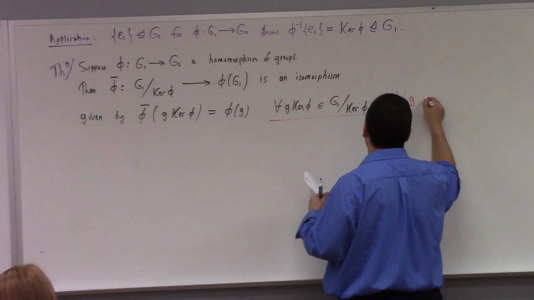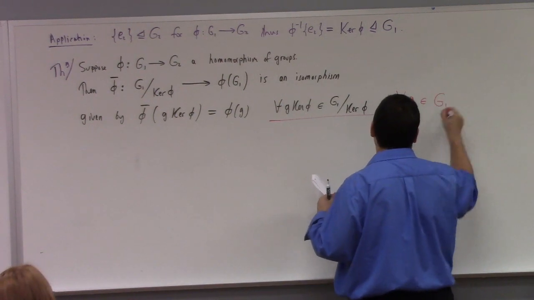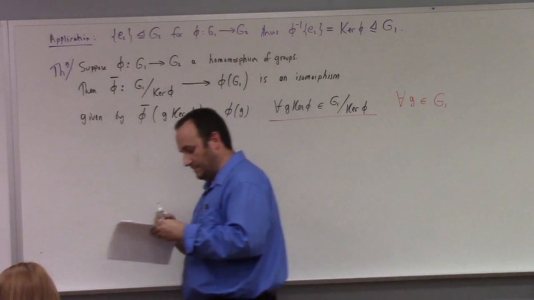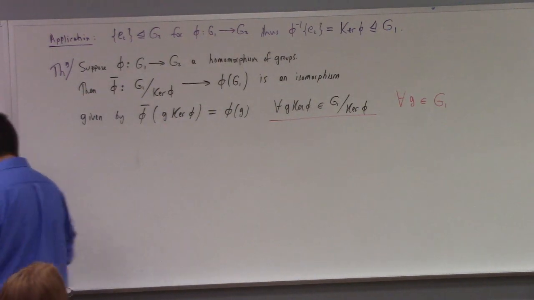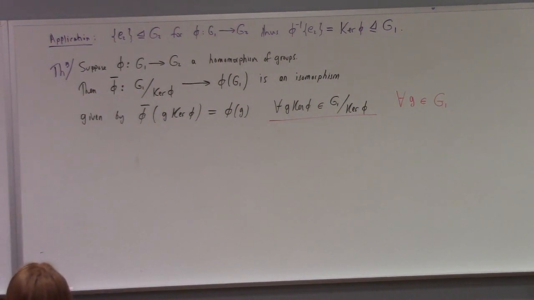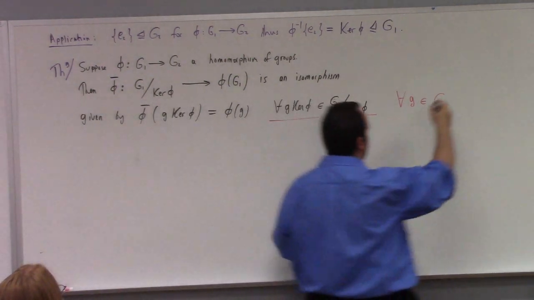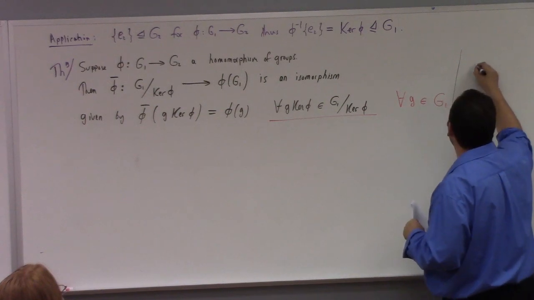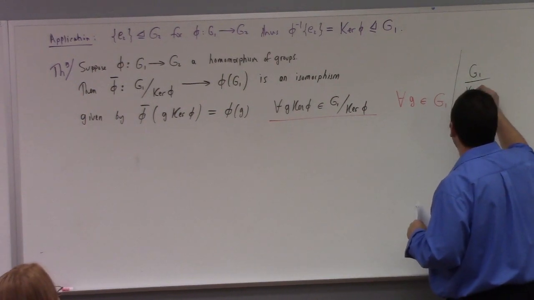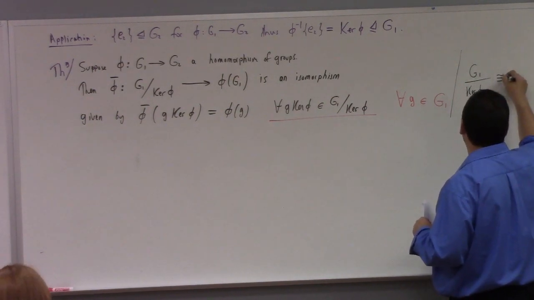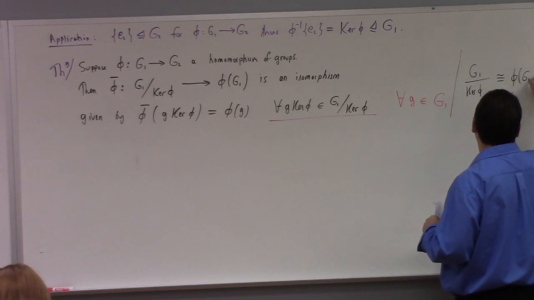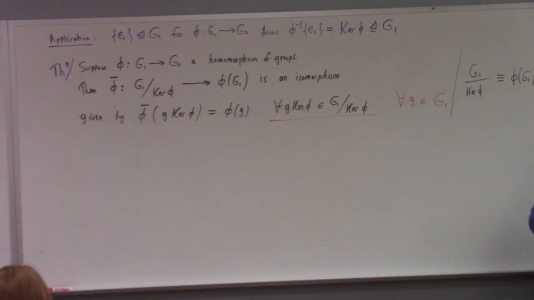For all g in where? In G1, that would be equivalent, yeah? So this is an isomorphism, and what else? So the punchline here is that G1 mod the kernel is isomorphic to the image. So that's the isomorphism of the isomorphism theorem.